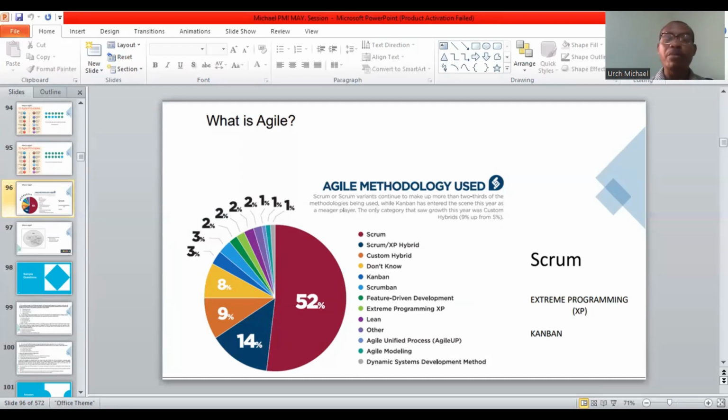So these are all methods that are adopted to achieve the agile mindset. In your PMP exam, you need to understand that agile is not the main methodology, but there are methodologies used to achieve the agile mindset. And you might be hearing words like Scrum, Scrumban, XP, Kanban, and all that.